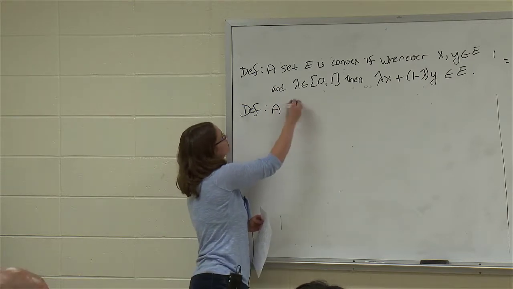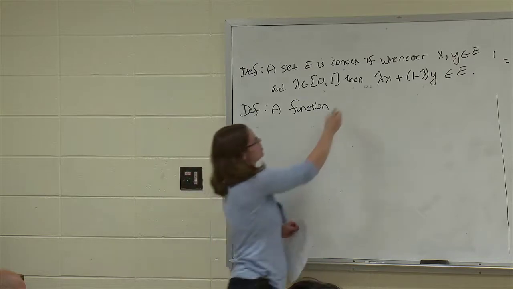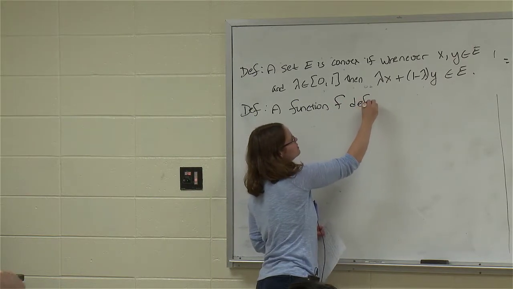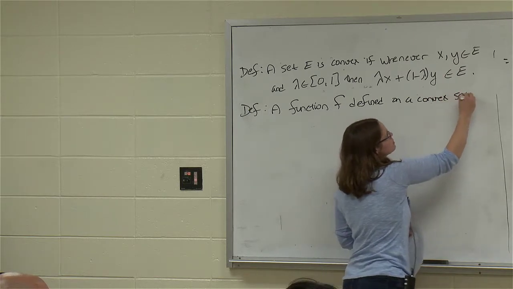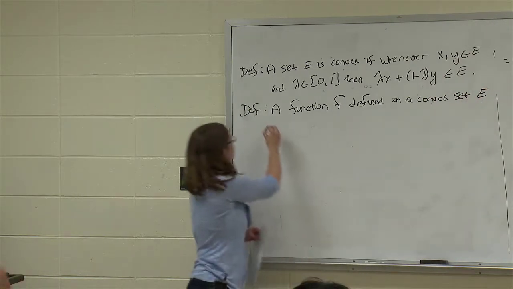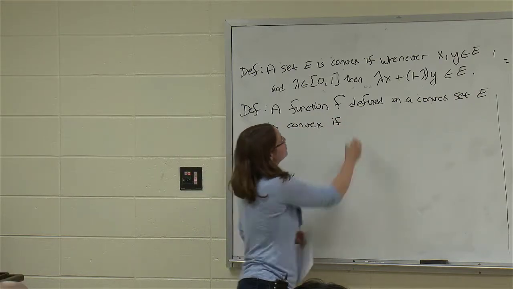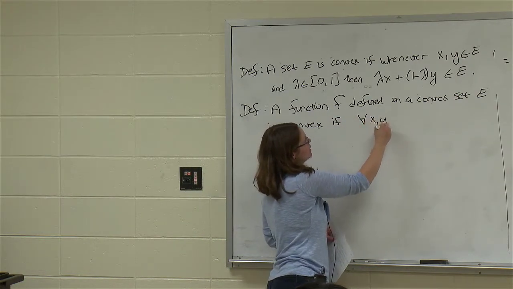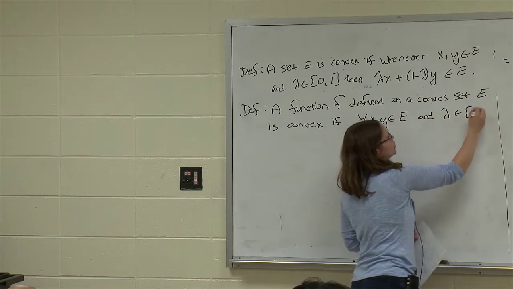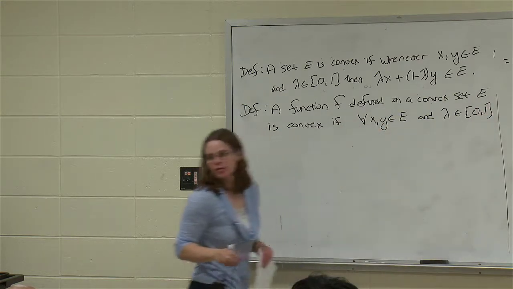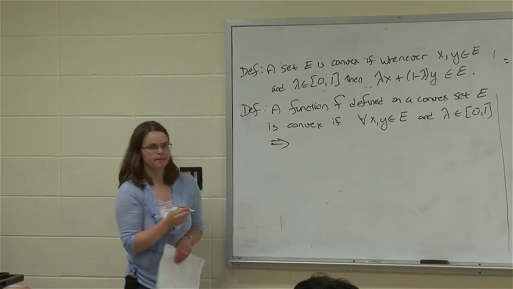And we have the notion of a convex function, which we talked about one or two classes ago. A function f defined on a convex set is itself convex if for every x and y in the domain and lambda between 0 and 1, the function lies below a secant line.